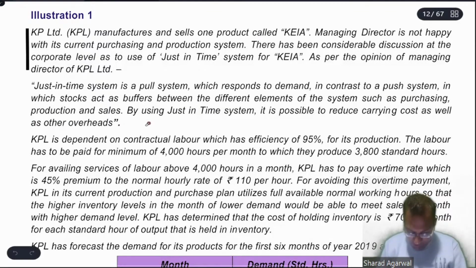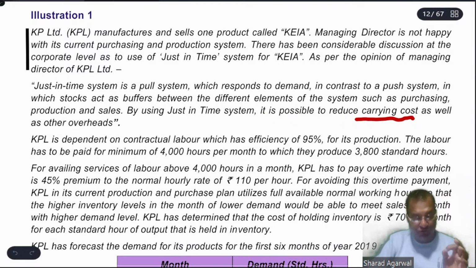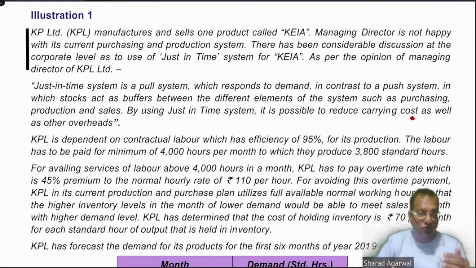Okay, now second statement: by using JIT system it is possible to reduce carrying cost. The other name of carrying cost is holding cost, the other name is storage cost. Do you agree? Yes, we strongly agree to this point that through JIT system we will be able to reduce the carrying cost, that is holding cost, because in JIT system we will purchase only and only when demand accumulates.